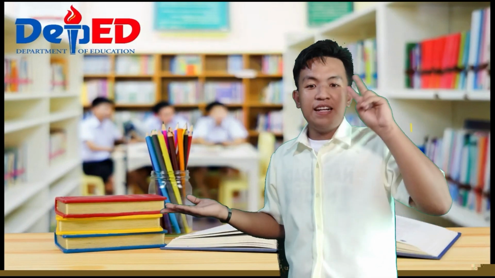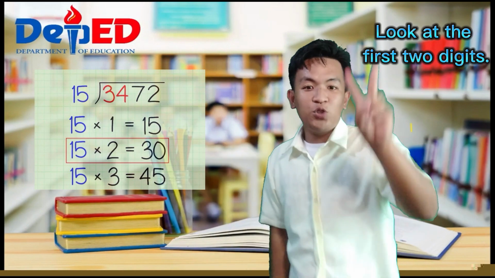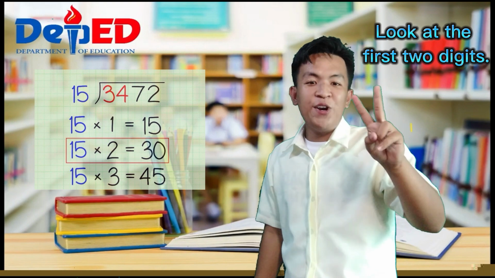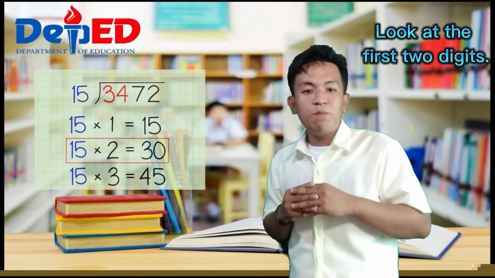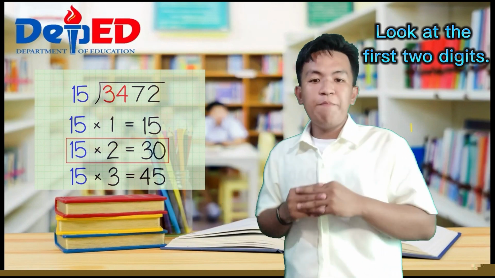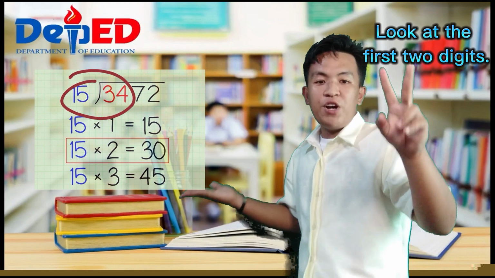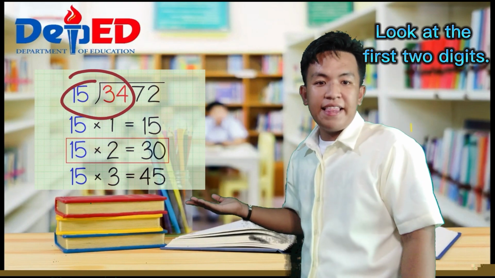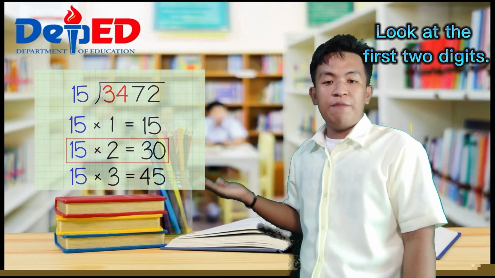The next step is to look at the first two digits. Since you cannot fit a two-digit number into a one-digit number, we'll look at the first two digits of the dividend instead, just like we would in a regular division problem.